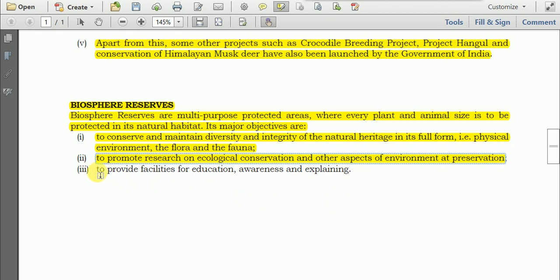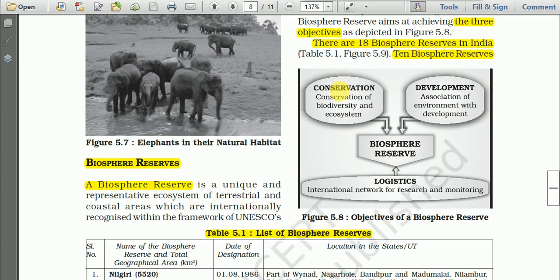Then the third one is to provide facilities for education, awareness, and training. So these are the 3 objectives of biosphere reserves given in your textbook. This is the explanation of the figure given in your textbook. Here figure number 5.8 represents the objectives of a biosphere reserve.